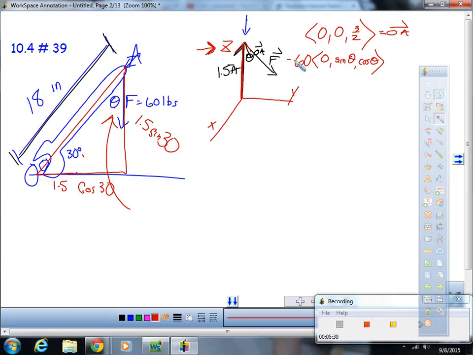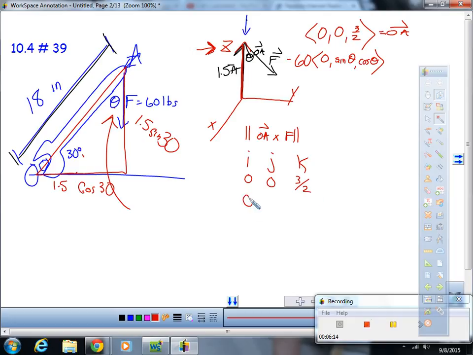So now the multivariable calculus, because it's not even calculus yet, I understand. We want to do the magnitude of OA cross force, and to do that we're going to take the cross product. OA is 0, 0, 3/2.